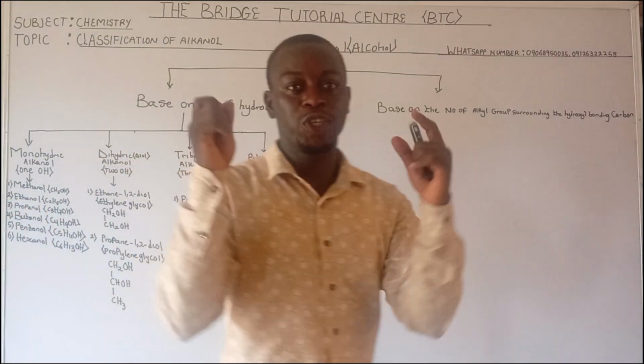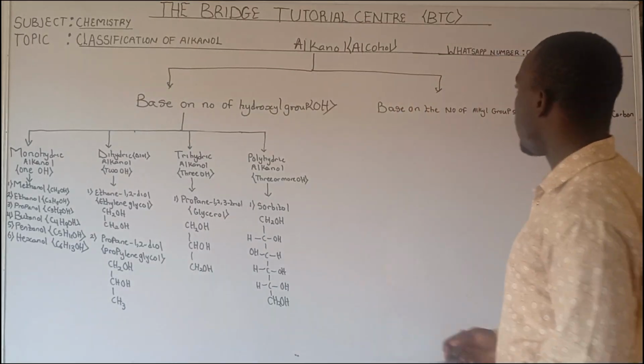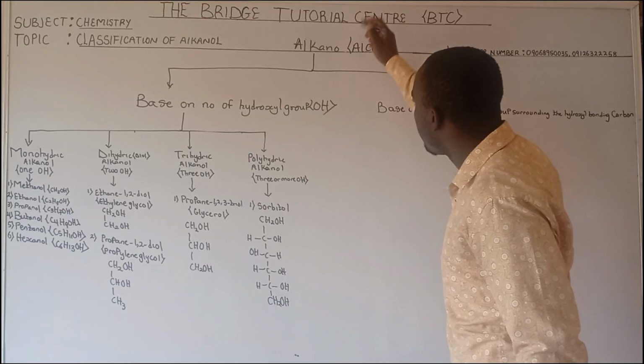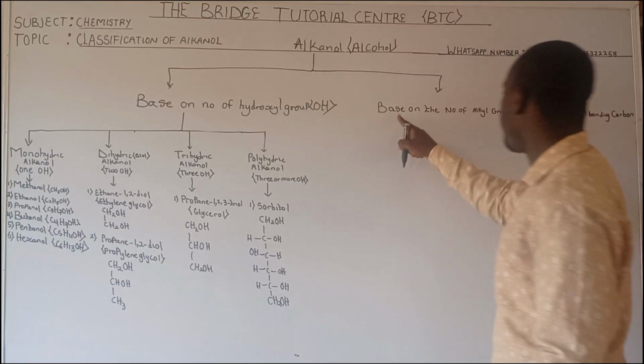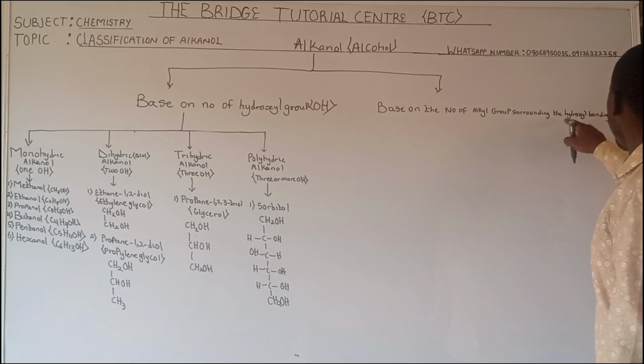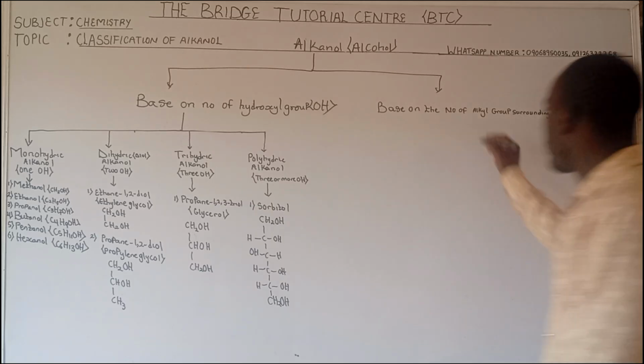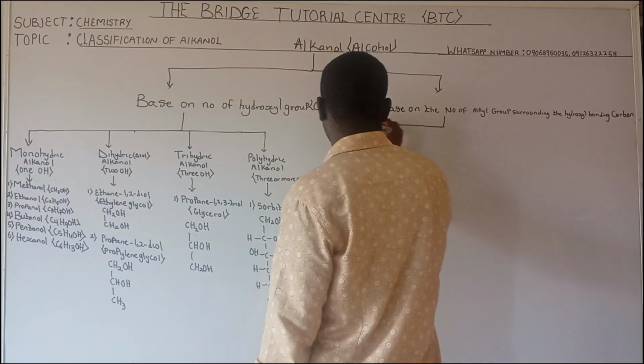Okay, so now to the second mode of classifying alkanol. As we said earlier, the second mode of classifying alkanol is based on the number of alkyl group surrounding the hydroxyl bonded carbon. So let's see. We have the first type under here.